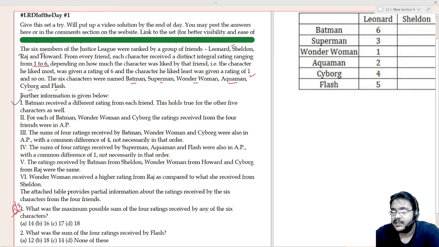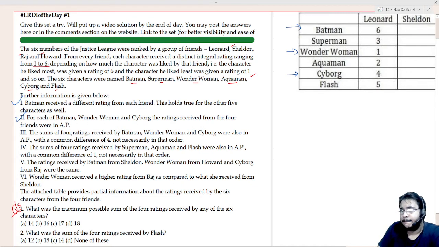Now, an interesting thing is coming our way. From 2, the statements get a little interesting. Statement number 2 says, for each of Batman, Wonder Woman and Cyborg, the ratings received from these friends were in AP. So where is Batman, where is Wonder Woman, and where is Cyborg? These fellows received ratings which are in arithmetic progression.